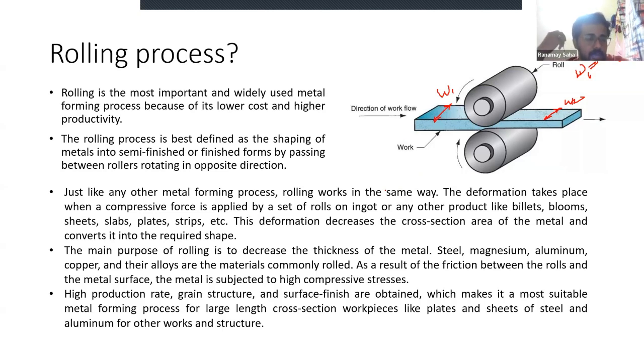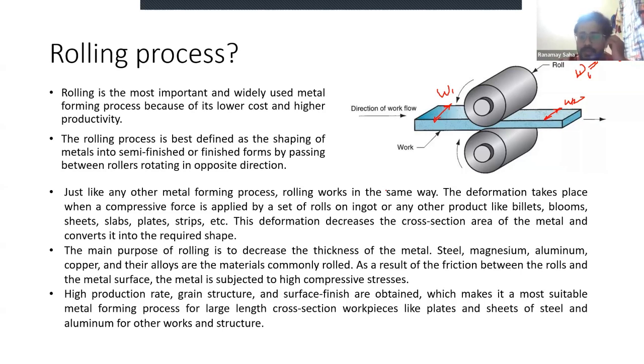Now, the main purpose of rolling is to reduce the thickness of the metal, such as billets, blooms, slabs, plates, etc. Steel, aluminum, magnesium, copper, and of course their alloys are the materials which are commonly rolled.